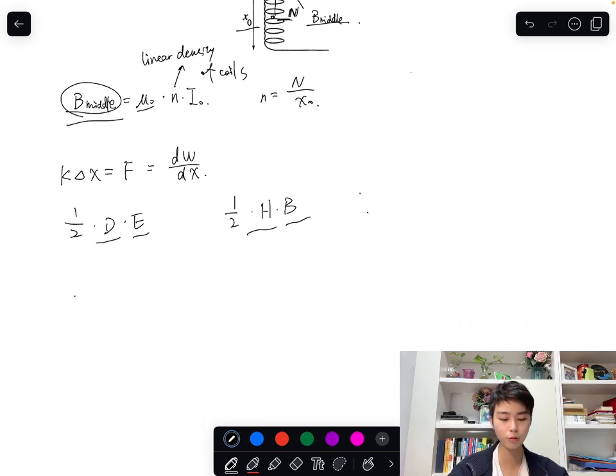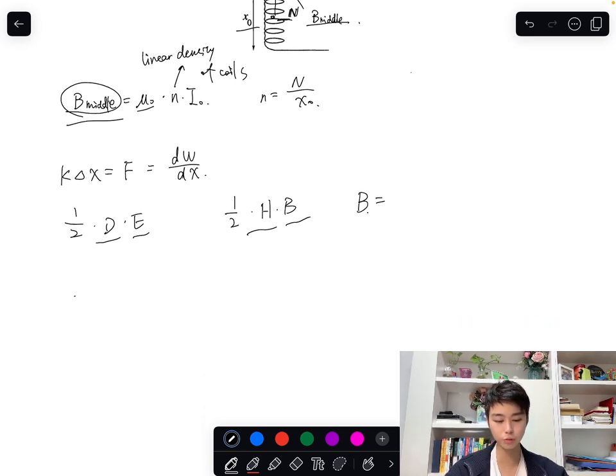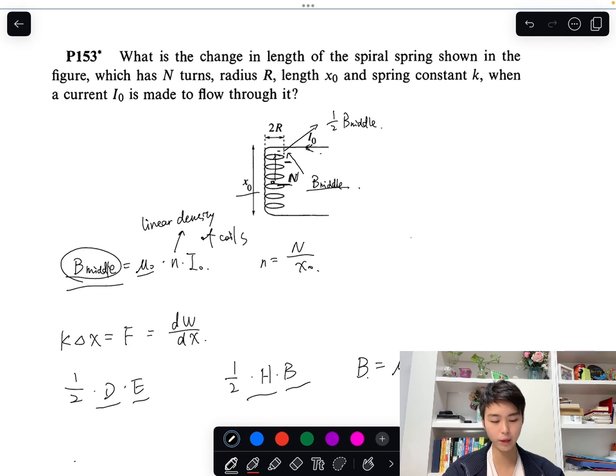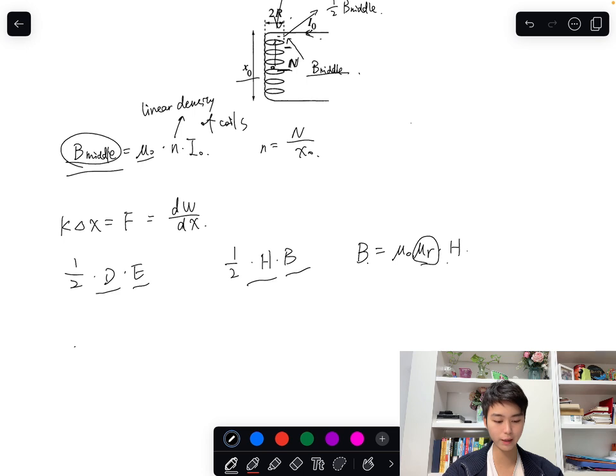Recall that B equals mu 0, mu relative times H. Okay, here we don't have another material inside the coil, so we will neglect this.